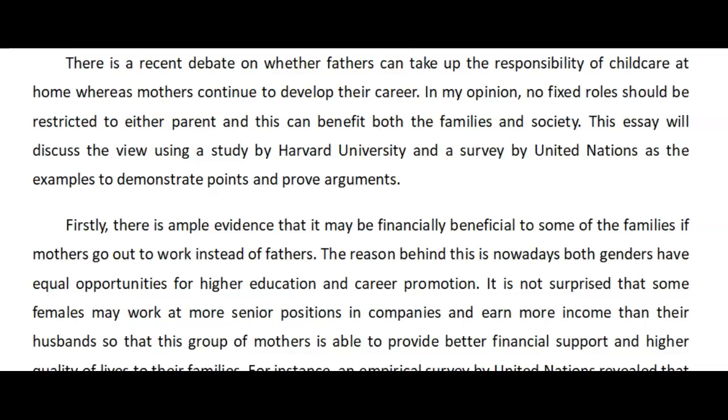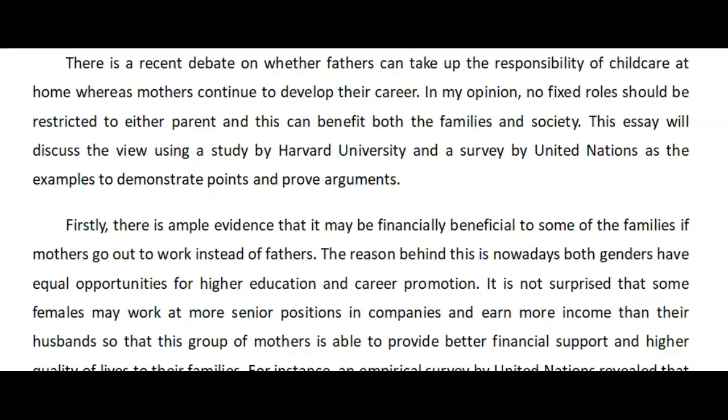Okay, so why is this important, you ask? Well, for 2 reasons. Number 1, your introduction needs to essentially introduce what your body paragraphs are going to be about. If it doesn't do that, then it's not a cohesive essay. Okay?